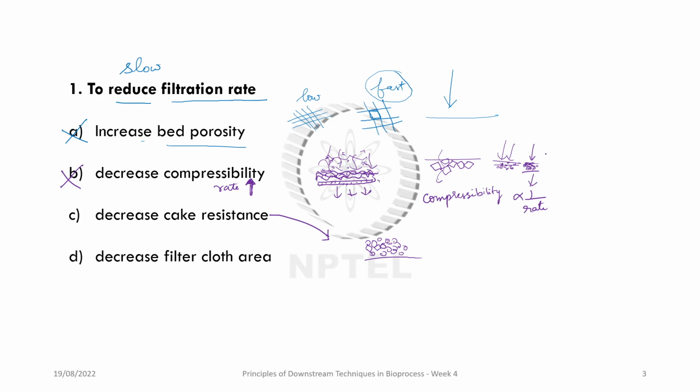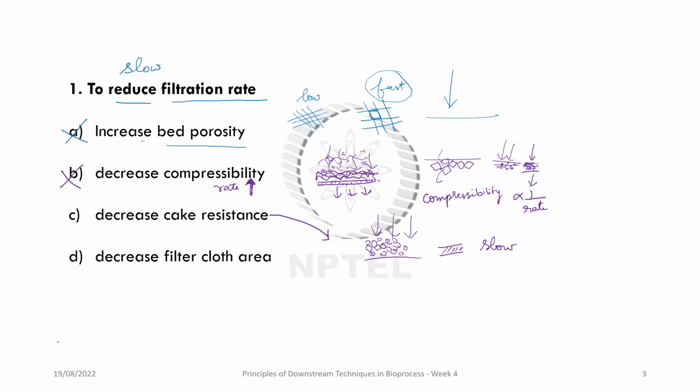When the compressibility is high, the cake is going to compress under pressure over time and it is going to form a thick layer. So you can argue that this will slow down filtration, right? Yes or no? Okay, let's put that on hold.